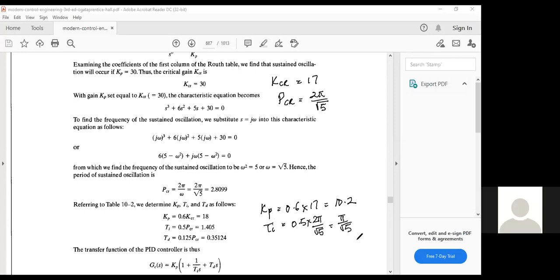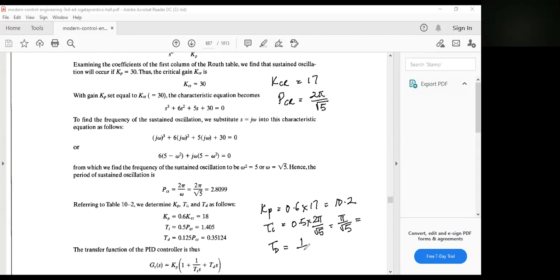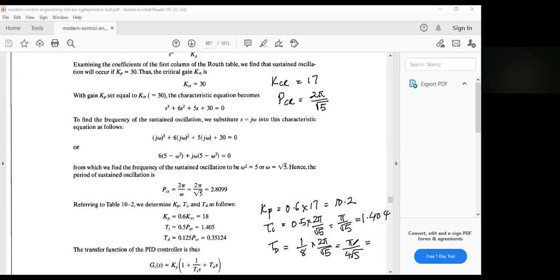That's an exact answer, so we're going to keep it there. Work it out to three decimal places for me. Pi divided by root 5 is 1.405.